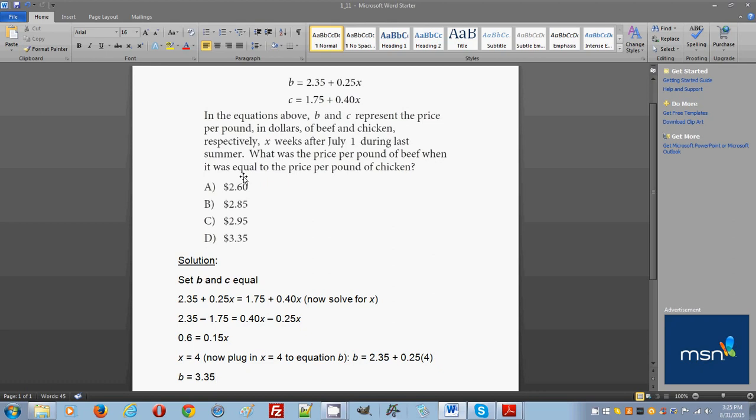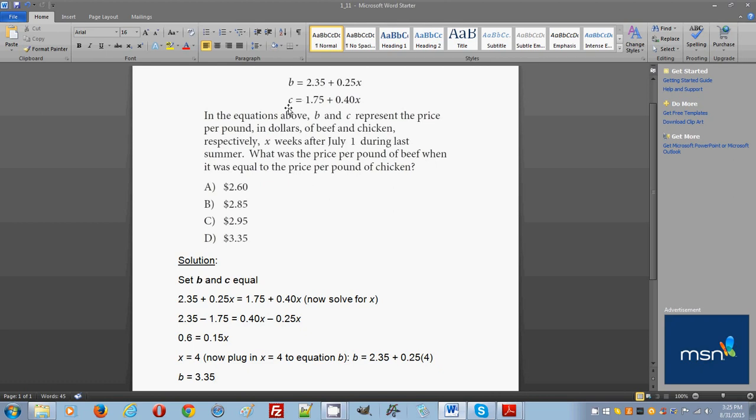So the first thing that you should know is that B represents the price per pound in dollars of beef, right? And X represents the number of weeks after July 1st during last summer. Okay? So as X increases, as the number of weeks after the July 1st date keeps coming, the price of beef will increase.